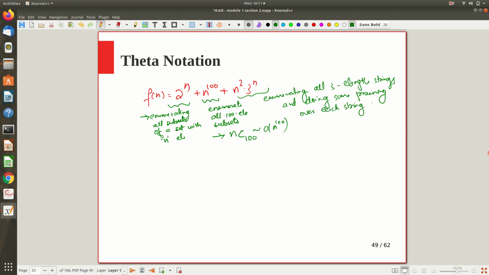And for doing that processing over each string, I am taking n square time. The last one you can say is like enumerating all subsets, but it is something like a repetition. With the repetition you are doing it.